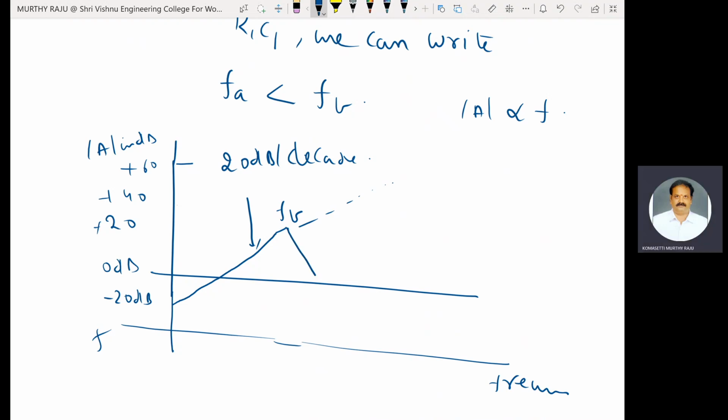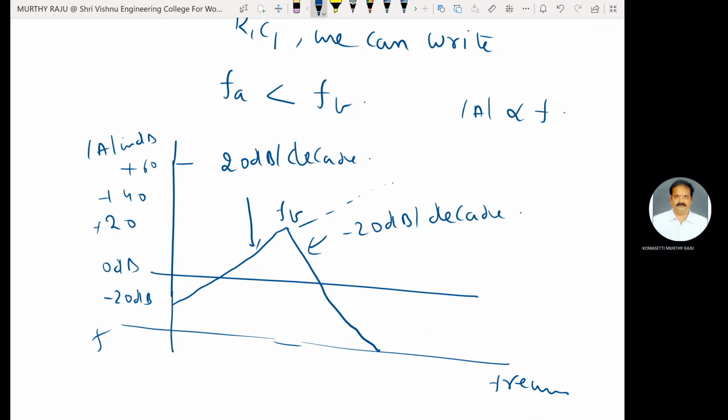This one decreases at the rate of minus 20 dB per decade. Due to this addition of R1 and CF components, the gain decreases like that.